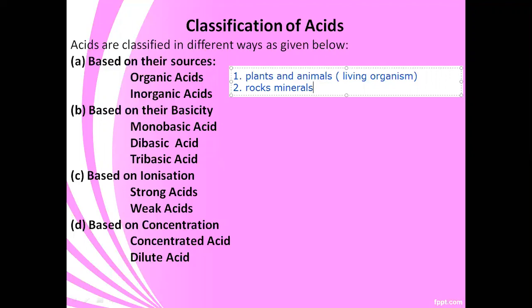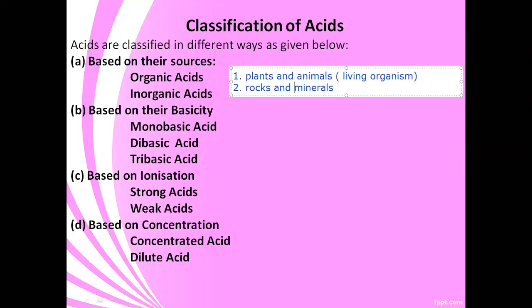But you will also write in the observation note: organic acid is present in plants and animals, and inorganic acid is present in rocks and minerals. So you definitely write it in the observation note. The acid is classified by sources into organic acid and inorganic acid.